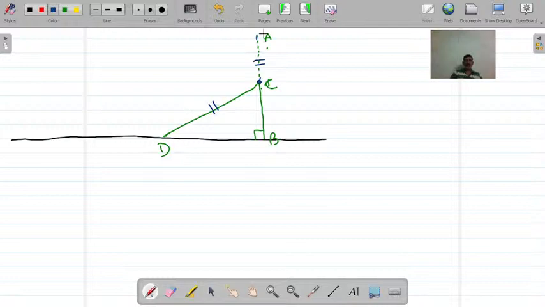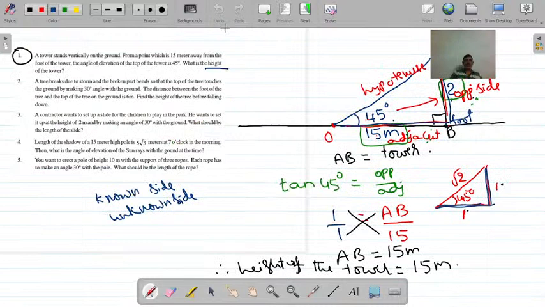Now you observe what is given here. The angle is given as 30 degrees and the distance between the foot of the tree and the top of the tree on the ground is 6 meters. Here two things, the 30 degree angle and 6 meters, are given.